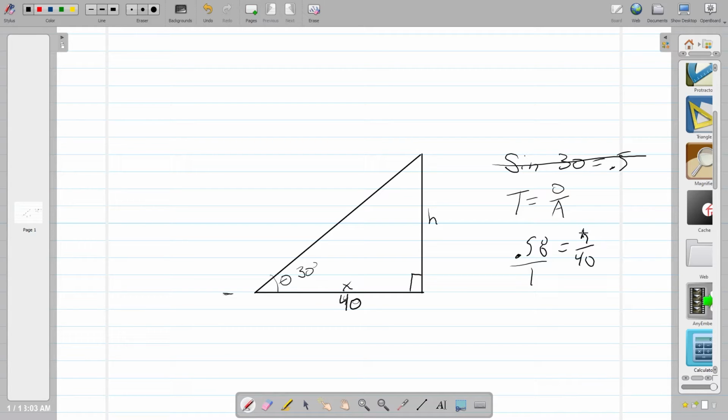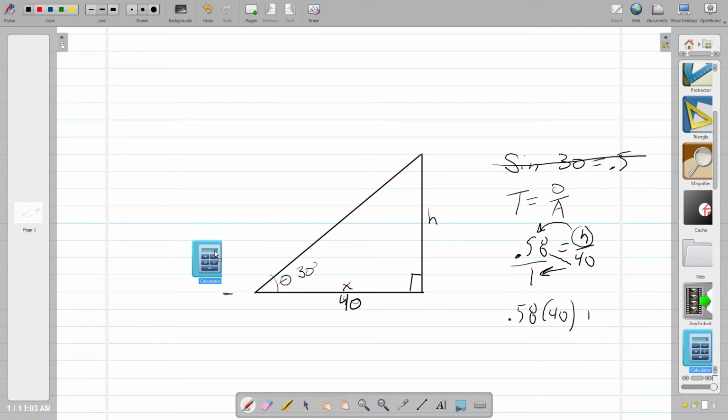We can use my butterfly method. We're trying to find H, so we go next door. We say 0.58, then we multiply times 40, and we divide that way. Well, that's just 1. So 0.58 times 40. This time we can use the basic calculator.